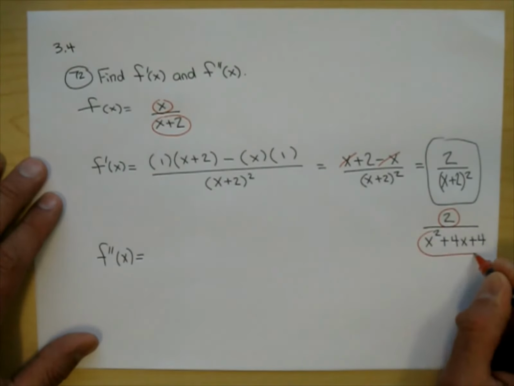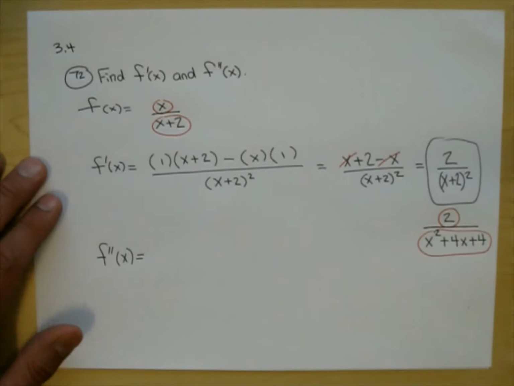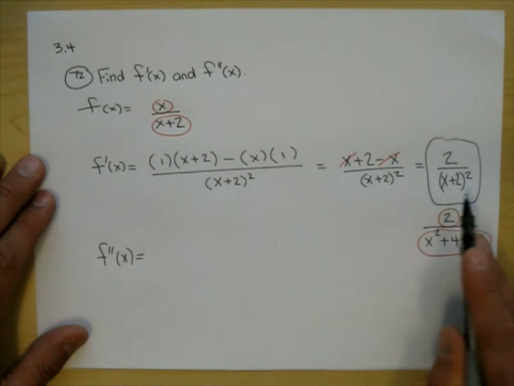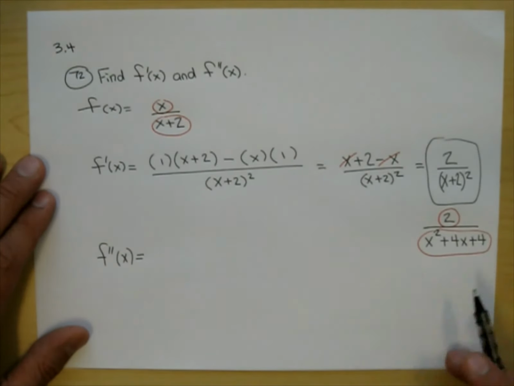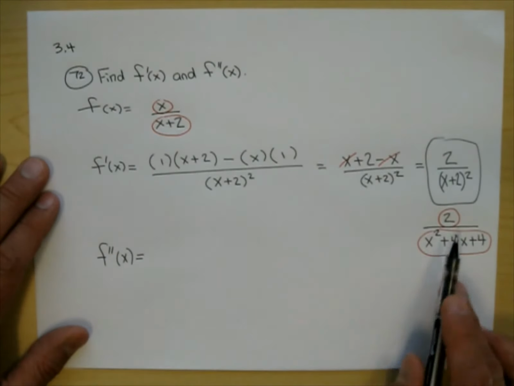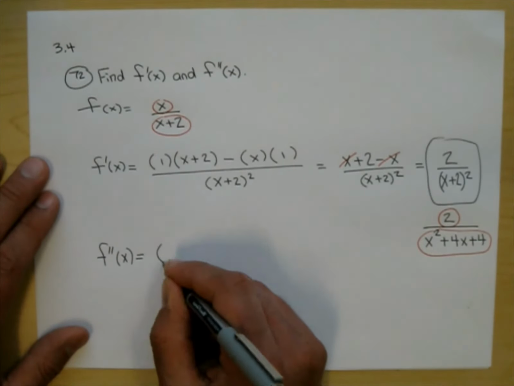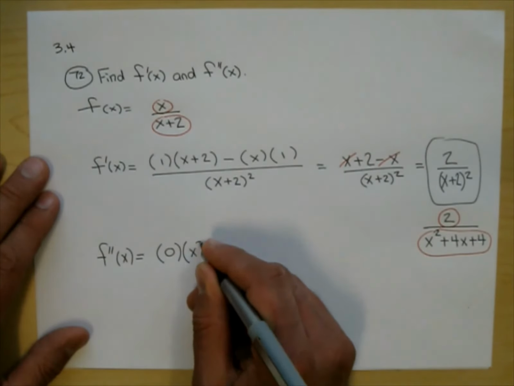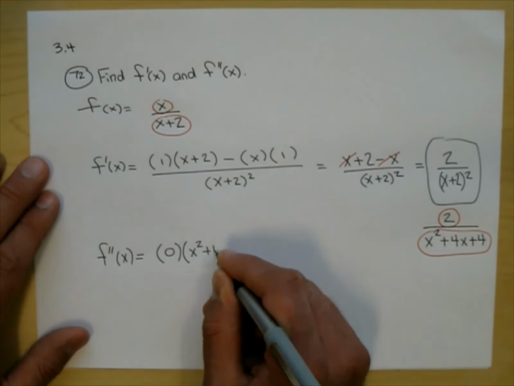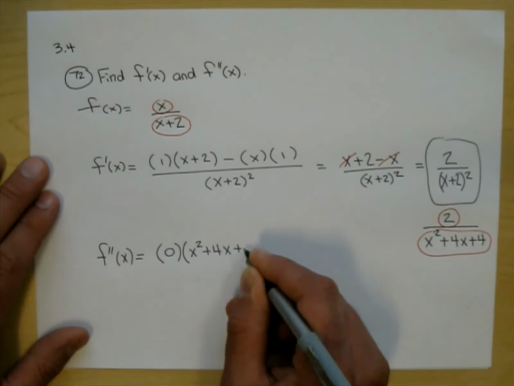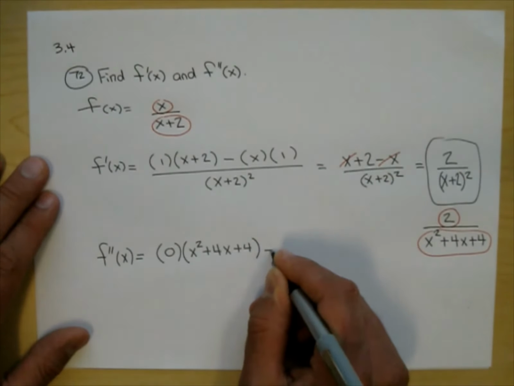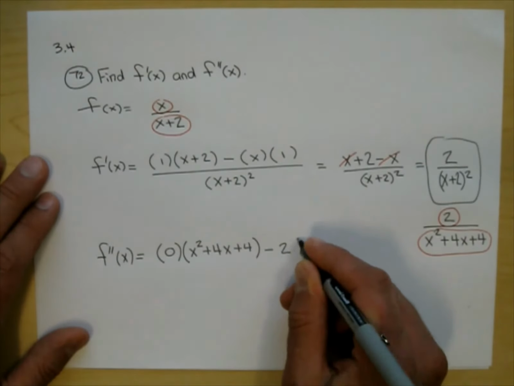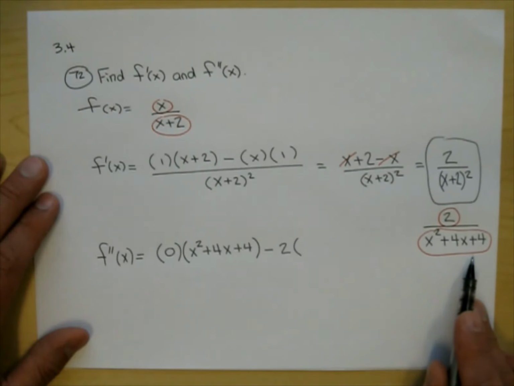So there's the top, there's the bottom. We're going to do the quotient rule now. So we've already found the first derivative. It's there. It's also there. And now we're going to find the second derivative, which says the derivative of the top, which is 0, times the bottom, which in some sense, who cares what I write there because it's just times 0. Then we have minus the top, which is 2, times the derivative of the bottom.